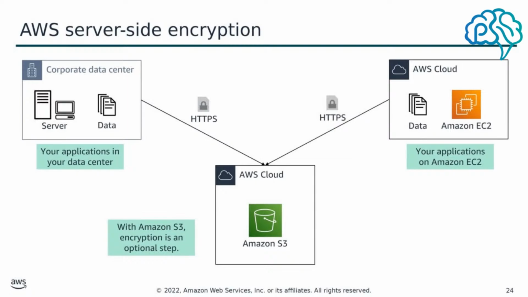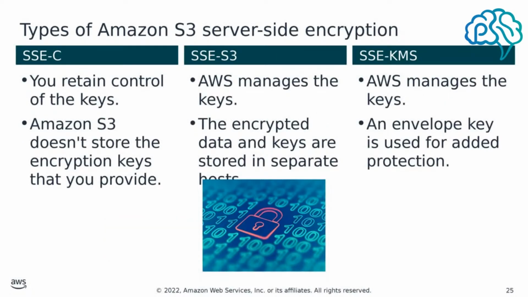So your source data comes from a system in the data center or an EC2 instance. You would then, let's say, upload the data over an HTTPS connection to any of the AWS services that support the automatic server-side encryption. So let's talk about the different kinds of automatic server-side encryption.